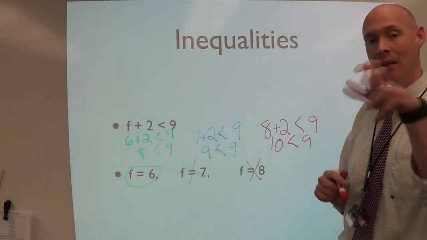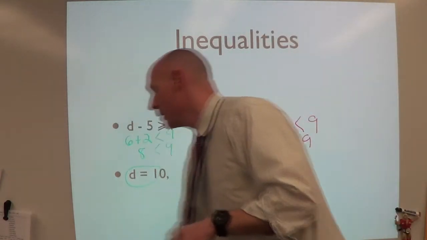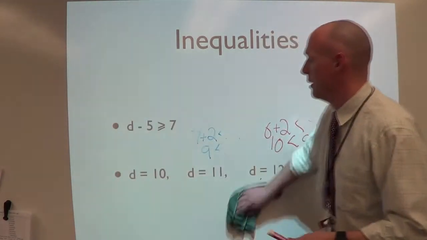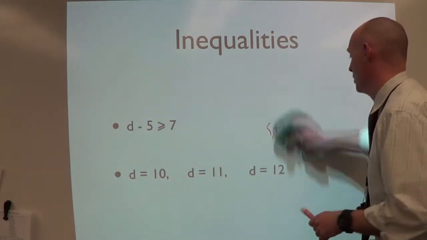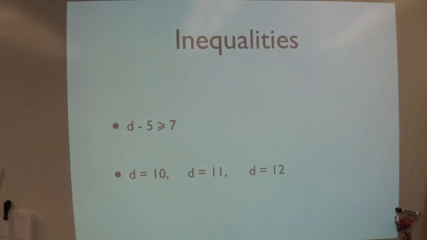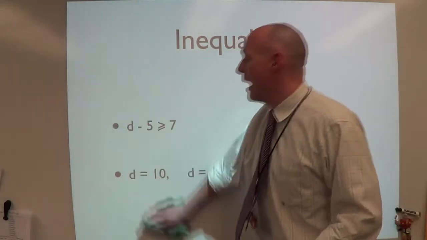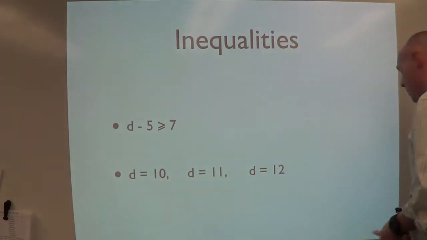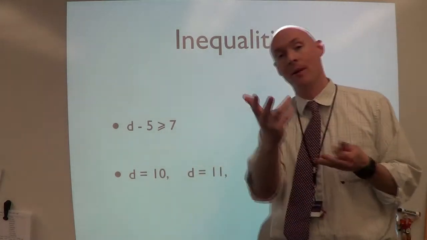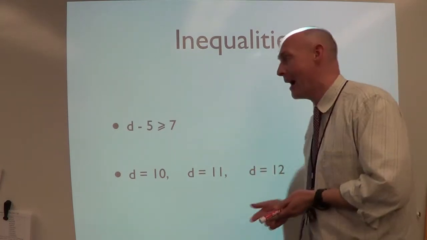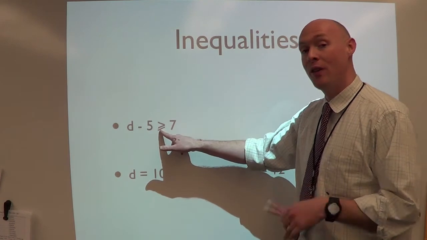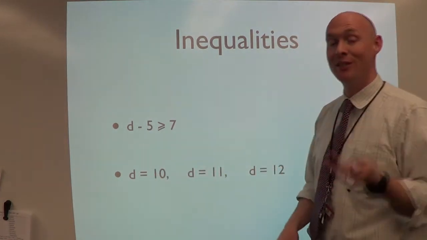Let's try a little bit more difficult one. Here I have the same type of thing. We have an inequality, and then I give you 3 numbers that could work for the inequality. It's going to be our job to figure out if they work or not. d minus 5 is greater than or equal to 7.